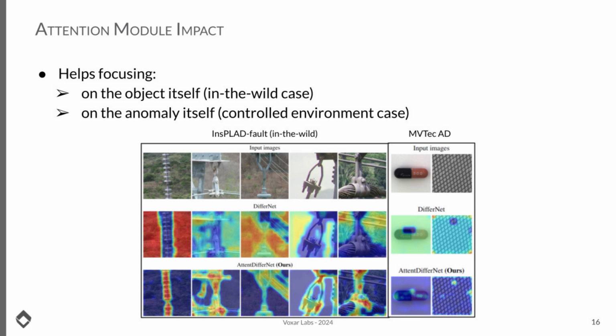And in the third row here, we see that our proposed method, AttentDifferNet, is able to focus on every object of every class. In the case of the in the wild dataset, and in the case of the controlled scenario dataset MVTec AD, it's also able to focus on the anomaly itself, not only the object, which is quite interesting. Just repeating myself, it's important to note that we don't use any pixel level annotation in this work, only image level labels.